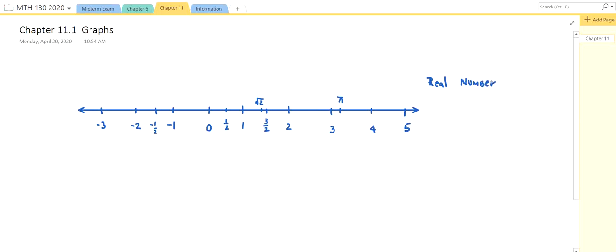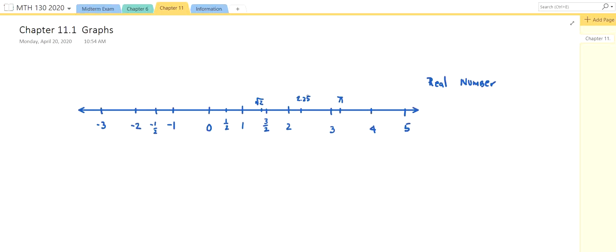So this is the real number line, made up of integers, fractions, decimals. I guess I didn't put any decimals in. Perhaps I could stick a decimal here, 2.25. Decimals, irrational numbers like square root of 2. They all make up the real numbers.